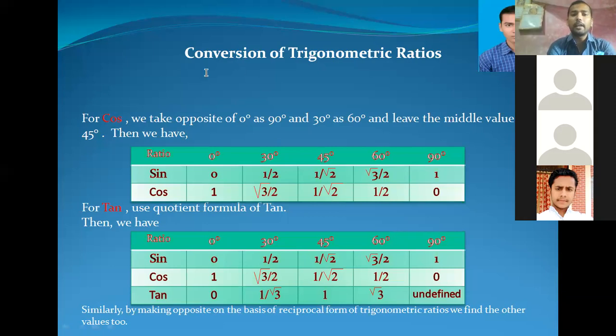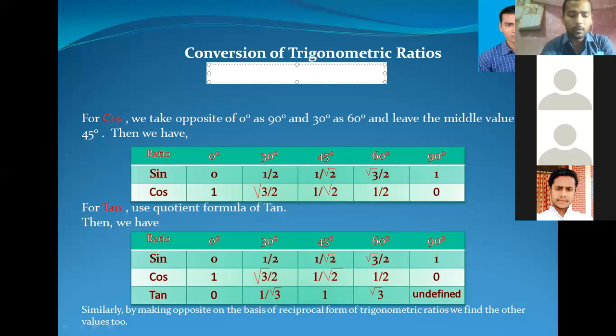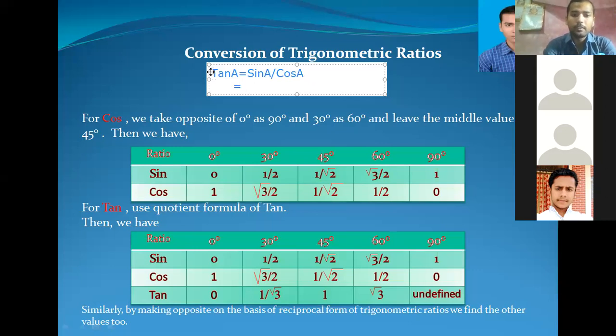As we know, tan theta, that means tan angle, is equal to sin A divided by cos A. So now tell me, what is the value of sin A? Look here. 0 degree, that means sin 0 is equal to 0. So 0 divided by the value of cos A, that means cos 0 degree, is what? 1. So when 0 is divided by 1, what will become? Zero.